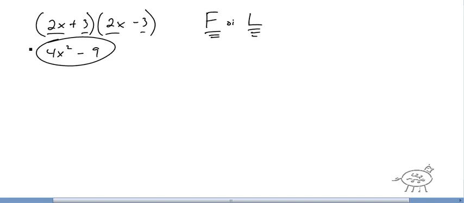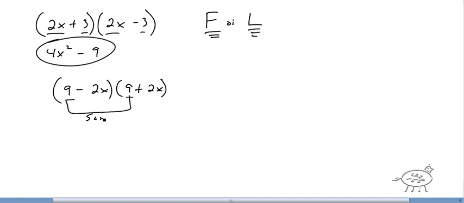Let's try a couple more. 9 minus 2x and 9 plus 2x. It doesn't matter that the x is second, as long as you have something that's the same, which is the 9, and something that's opposite, which is the 2x.